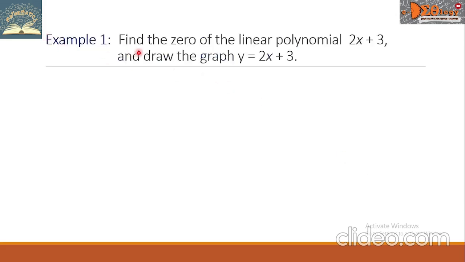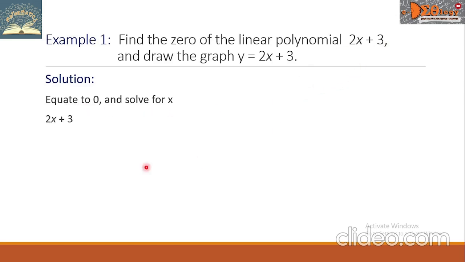Example 1. Find the zero of the linear polynomial 2x plus 3 and draw the graph y equals 2x plus 3. The linear polynomial 2x plus 3, we're going to equate to 0, then solve for x.